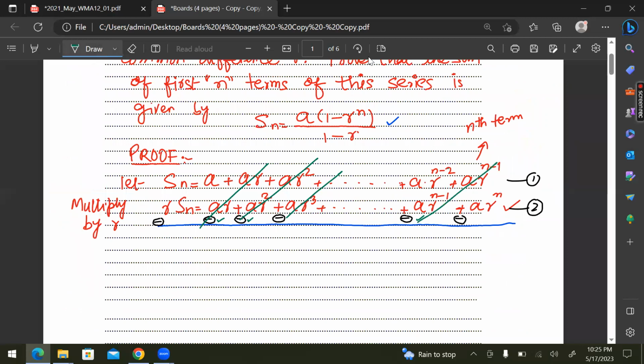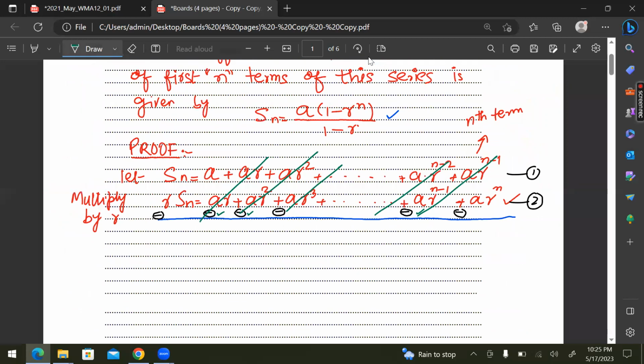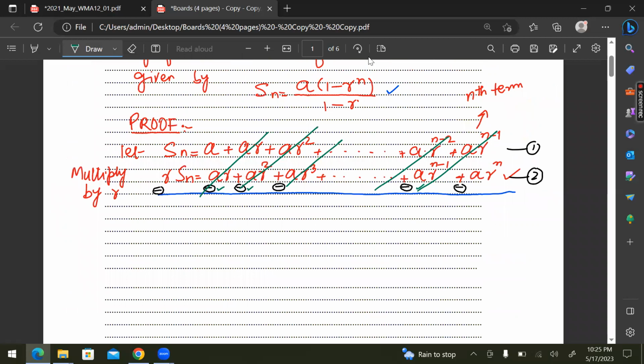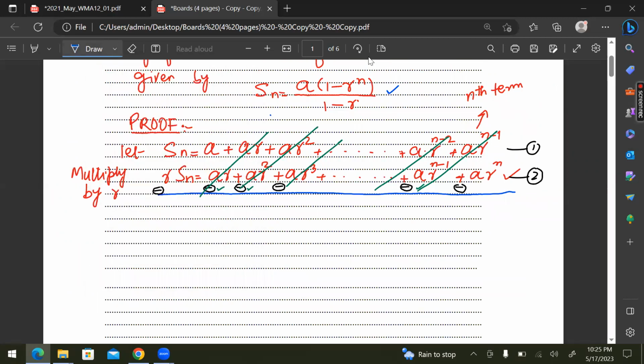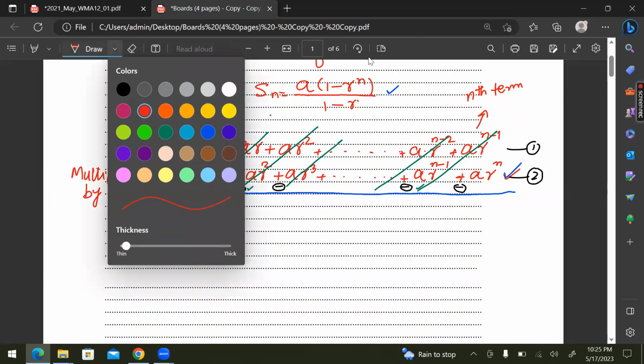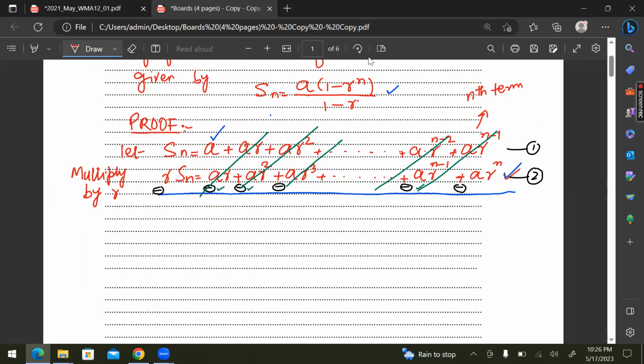As there are so many terms in between, all the terms will cancel, so you are left with only a here and ar^n here. Subtraction means upper minus lower equation.